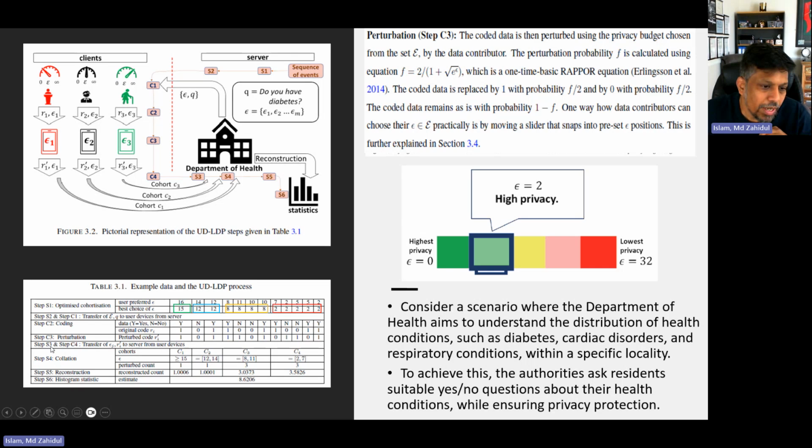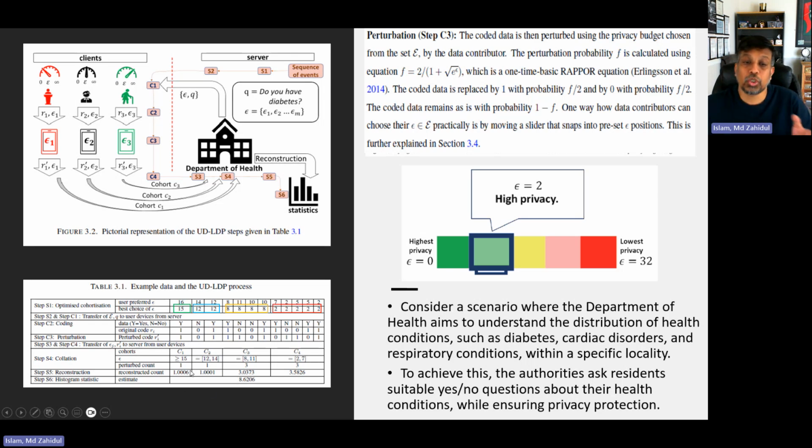Now, steps S3 and C4: the survey participants actually share this data with the Department of Health. They collect that data, and now they know that there are 4 cohorts, meaning 4 different sets of epsilon values. They will try to reconstruct the distribution for each of them.